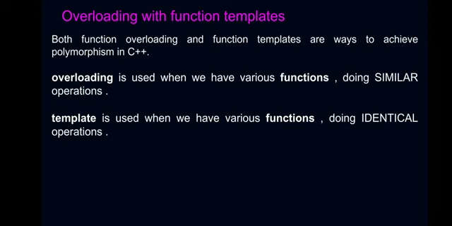So when I'm writing function overloading, I will be defining the function with the same name more than once. But in function templates, we define only one generic function with identical operations. Whatever type of data I send from the main function, that type will replace the type identifier.